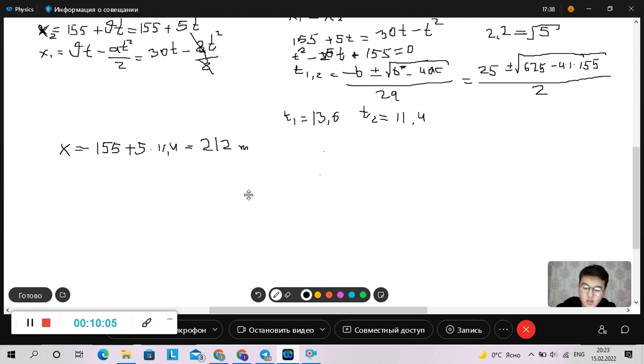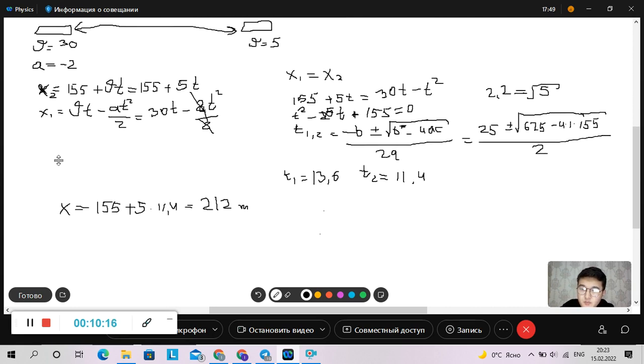In this distance, Sue's velocity needs to be more than 5 meters per second, and I will check it.